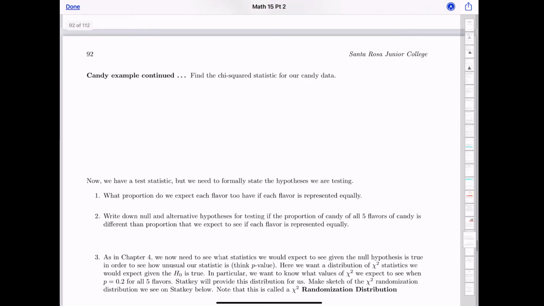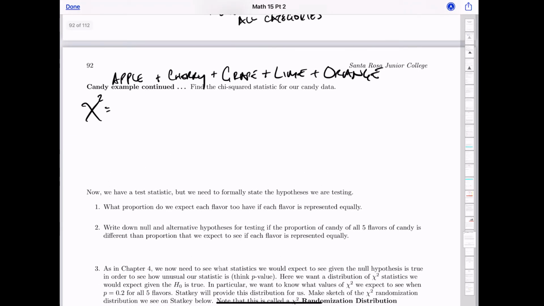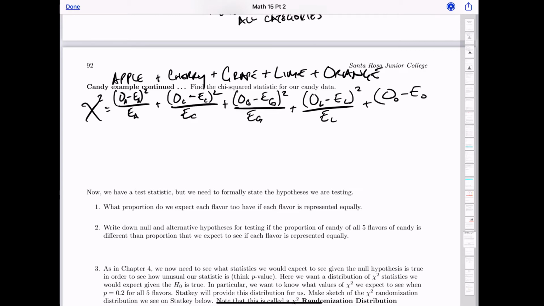All right, so let's find the chi-square statistic in this problem. For all 5 categories, we're going to add the observed minus the expected squared divided by the expected. So I'll call that (O_A minus E_A) squared divided by E_A. And then we do the same for cherry and grape and lime and orange.